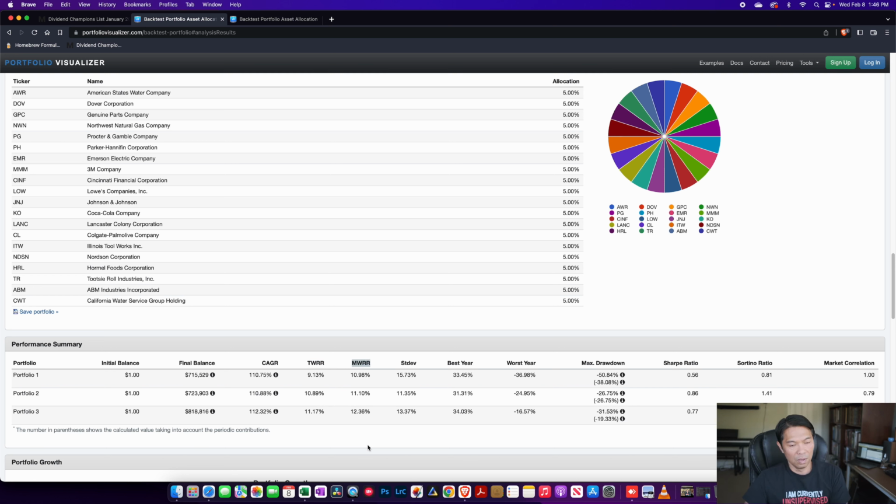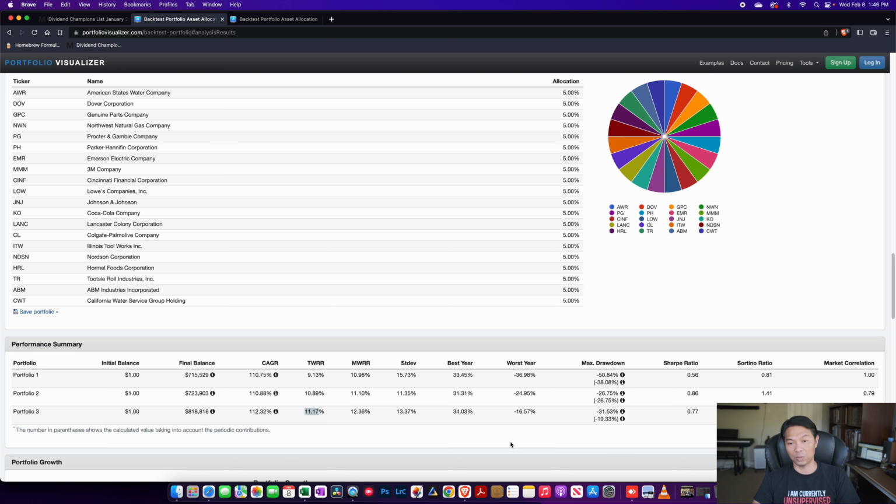Typically, what I like to look at is the time-weighted returns, so this one right here. My portfolio gives you almost 11%, not quite, 10.89. The dividend portfolio gives you 11.17. So they're close, but this difference over time contributes to the final balance difference.